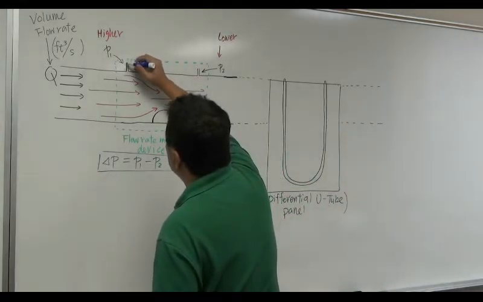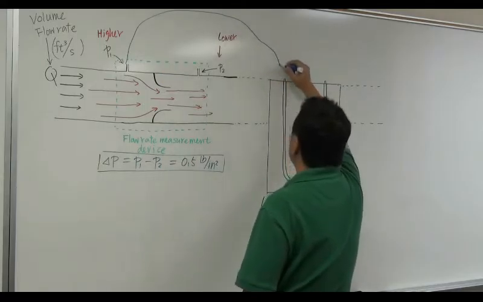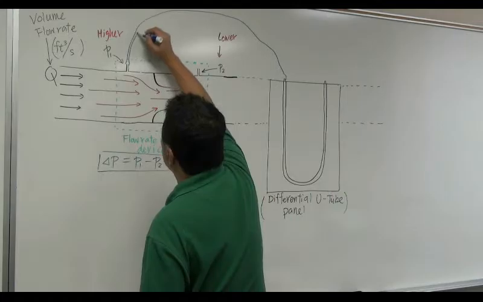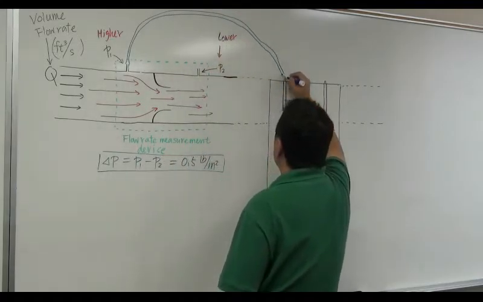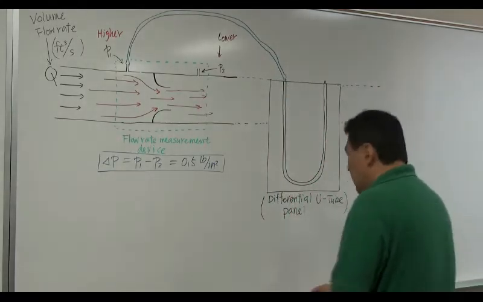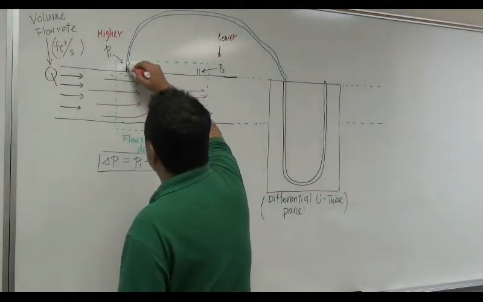I'm going to pick up maybe a Tygon tube, and connect that tube between this pressure tap and the left leg of this U-tube. If you do that, obviously, this tube is going to be filled with water.